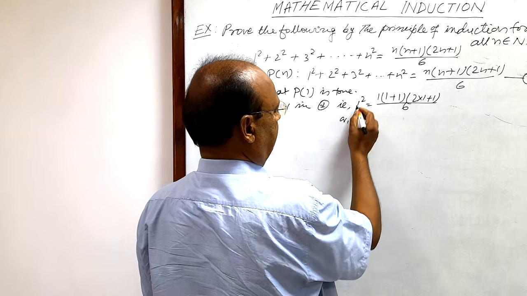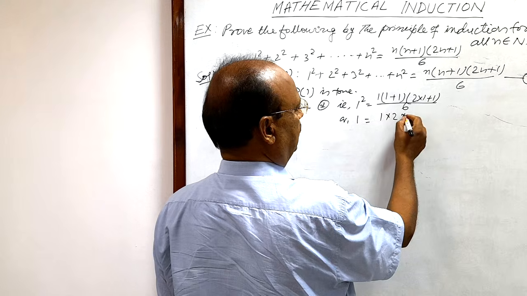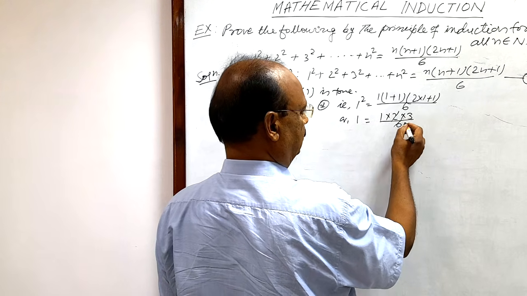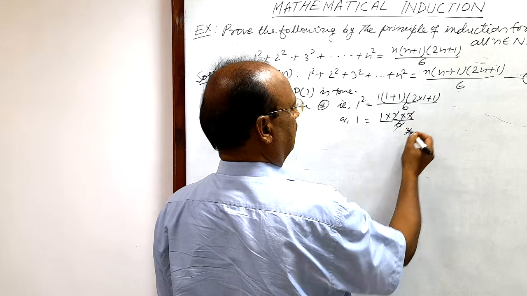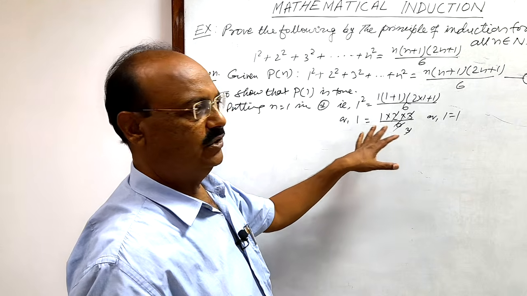Left hand side is 1, right hand side is 1 into 2 into 3 divided by 6. Two threes are 6, 6 and 6 cancel, and we get 1 is equal to 1, which is true.